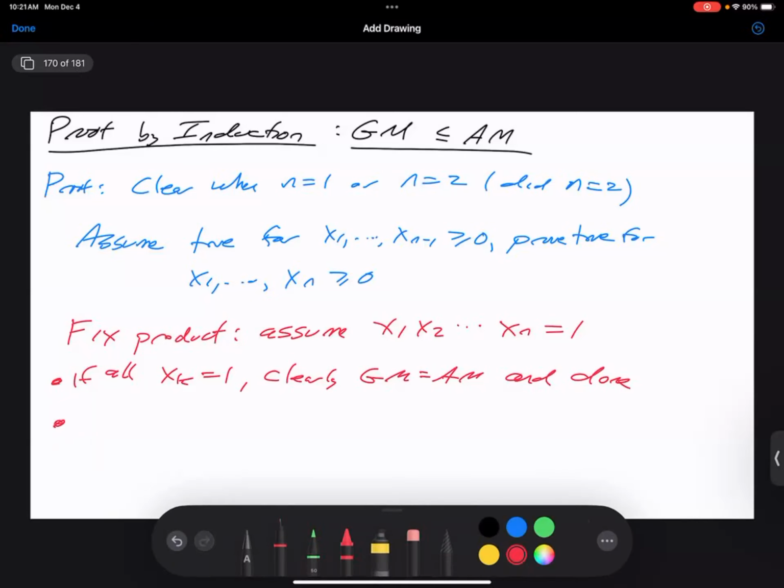So now assume not all x_k equal 1. And this allows me to review something from linear algebra. What must be the case if not all the x_k's equal 1? What can you deduce? Therefore, there exists what?